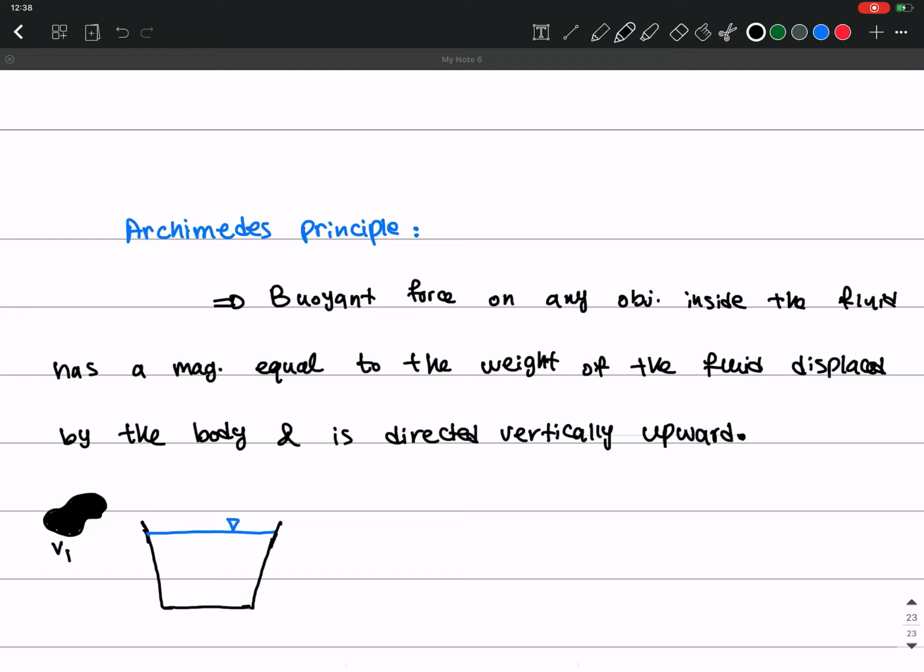If we put the object inside the fluid, what happens?